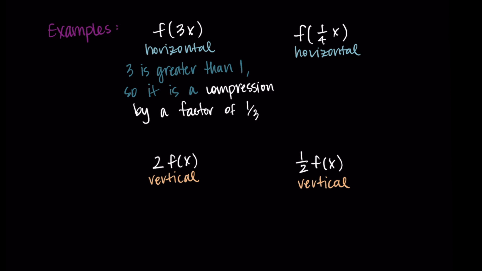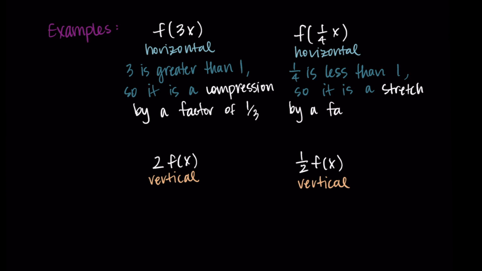All right, next we have f of 1/4 x. This is also a horizontal scaling since it's occurring on the inside of the function, which means it's happening to the inputs of the function. So here, 1/4 is less than 1, so we're in that case where the b value is between 0 and 1. This means that we have a stretch for our transformation. Specifically, this is a stretch by a factor of 1 over b, where our b is 1/4. So 1 divided by 1/4 is our factor that we're stretching by, and I like to just simplify this.